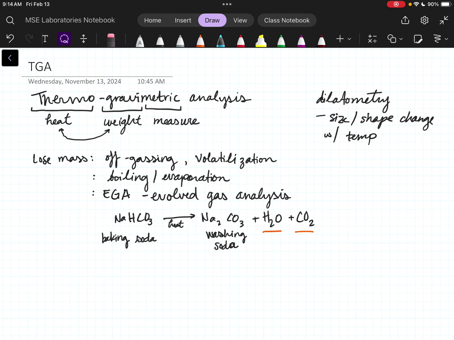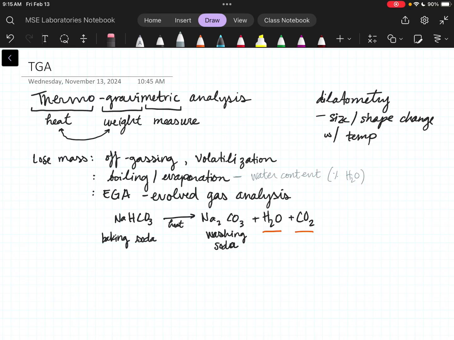You can use ICE tables. Ice tables? Yeah, initial, change, final. So you say the initial mass is this, then the change is this, and then the final is this. And so you can calculate the initial reactants. Yes, it has been a long time since I thought of the acronym. Cool. Yes, ICE tables.